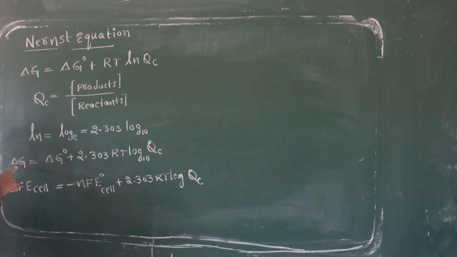What I did here is substitute minus nF E cell in place of delta G, and minus nF E naught cell in place of delta G naught.